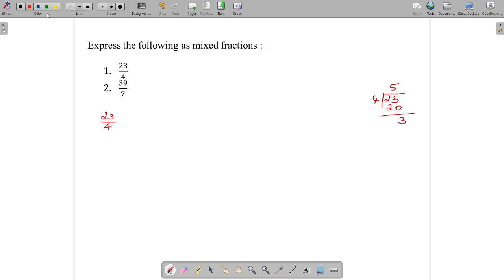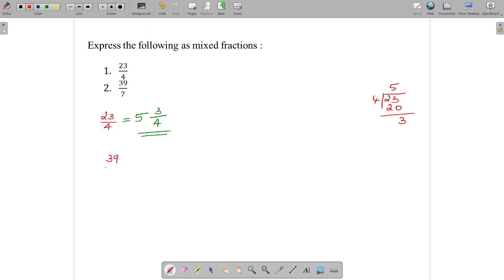The remainder is 3. So 23/4 can be expressed as, the quotient is 5, so we write 5 first, then take the remainder, 3, over the divisor, 4. So 3 by 4. So the answer is 5 3/4, which is the mixed fraction.